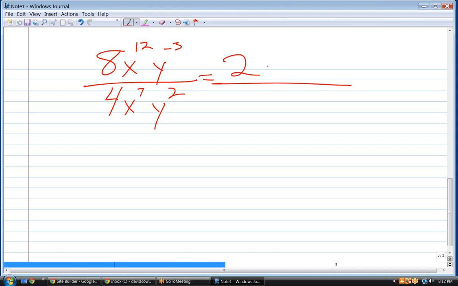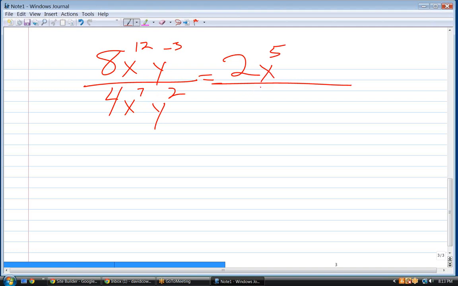What's the x part? The easiest way to do these is to always end up in the numerator, and then if you end up with a negative exponent, move it. But don't try to figure out whether it's going to be in the numerator or denominator right away. This would be x to the 5th in the numerator.